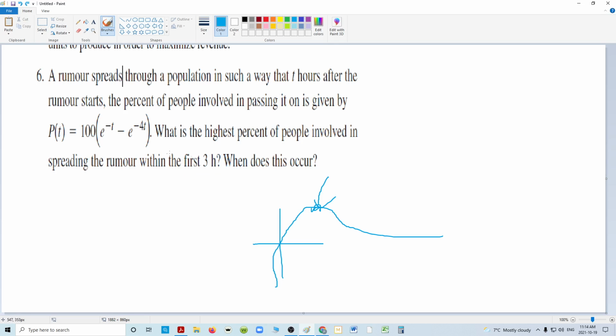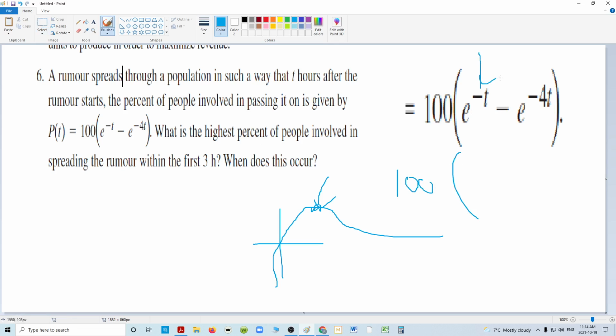Okay, where does this occur? So that means we have to take the derivative of this. Unfortunately, they're being added, so the derivative is quite easy to take. You can just take the 100 out, and you're going to take the derivative of this first one, which is just minus e to the negative t, and the derivative of the second one, which is just plus 4, because the minus 4 comes down, to the e to the minus 4t.